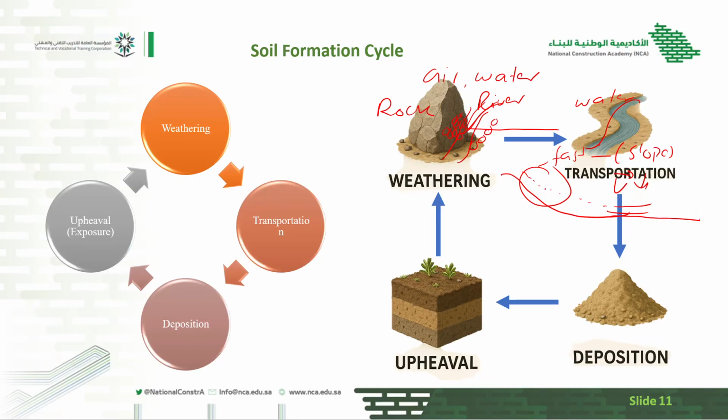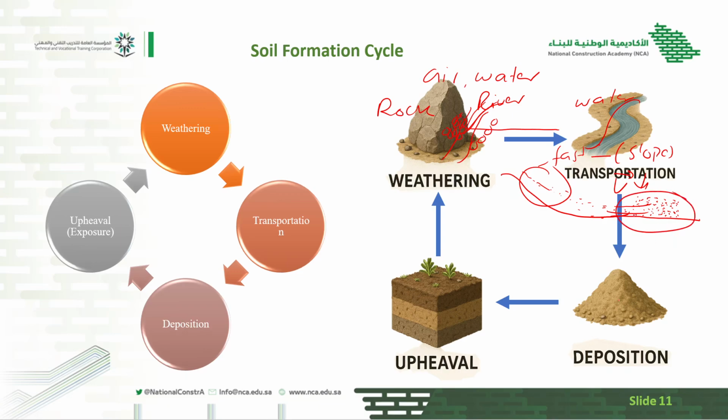So from here the soils move very fast, but here the slope is less. When the velocity is less, it means the particles are deposited here, layer by layer. So after some time, it is called deposition.